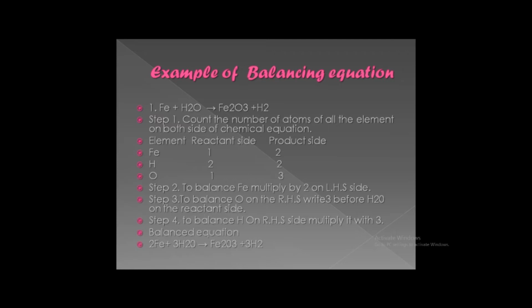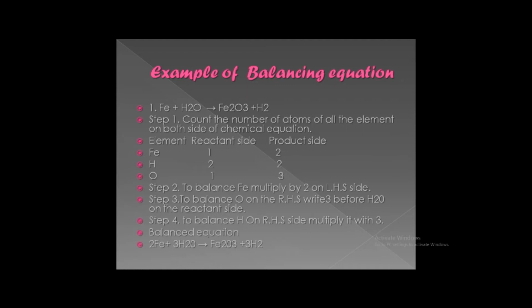Step 3. Now we see iron has been balanced, hydrogen is already balanced, oxygen on the reactant side is 1 and on the product side it is 3. So we will balance oxygen by writing 3 before H2O. If you write 3 before H2O, what will happen?